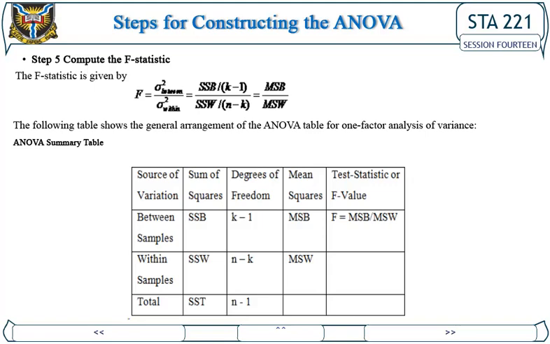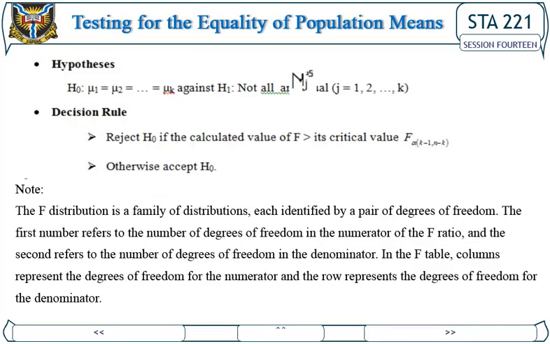ANOVA summary table. Testing for the equality of population means. Hypothesis. Decision rule. Reject H0 if the calculated value of F is greater than its critical value F alpha with (k minus 1, n minus k) degrees of freedom.